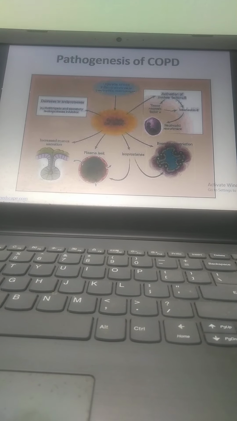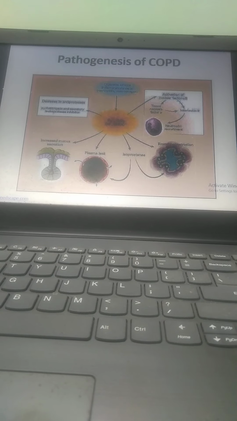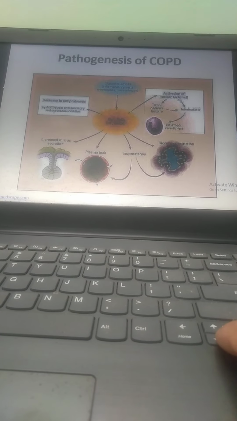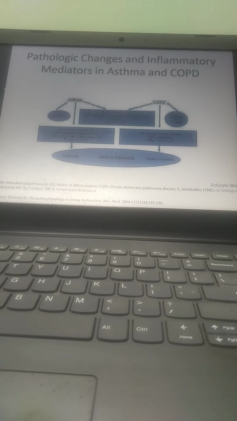Increased mucus secretion is there also, plasma leakage is there also, isoprostanes like PGs, and bronchoconstriction is there. Neutrophils, tumor necrosis factor, and interleukin 8, all these cascades of reactions take place in COPD.